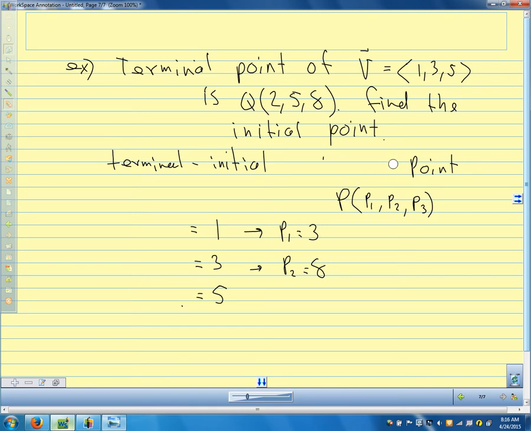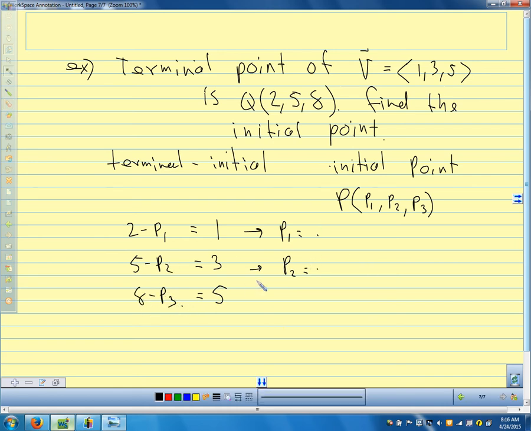And this is our initial point, right? So terminal minus initial, now we have it. 2 minus P1 equals 1, 5 minus P2 equals 3, and 8 minus P3 equals 5. All right, so P1 equals 1, P2 equals 2, and P3 equals 3.